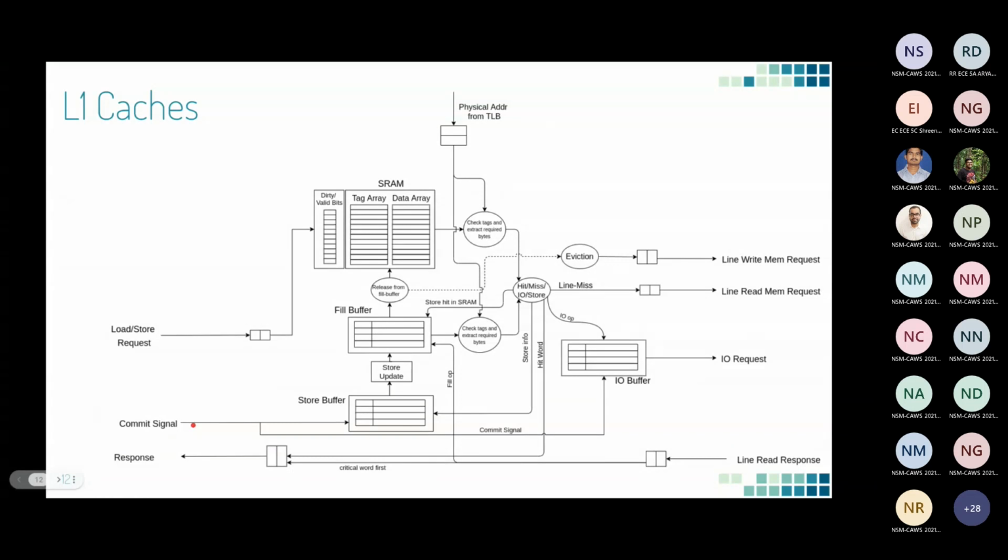It says, hey, the store is ready to commit. The entry from the store buffer head performs the change in the fill buffer and is removed, which means the store has finished. And as a regular operation, whenever the fill buffer has an opportunity to write to RAMs, it does, or whenever it is full, it performs a release operation.